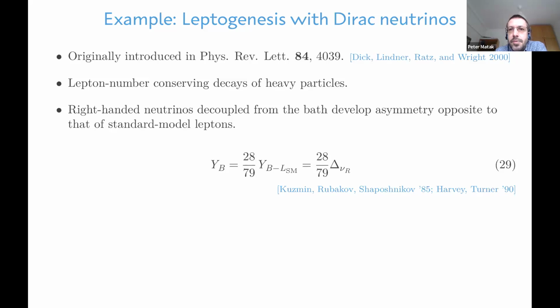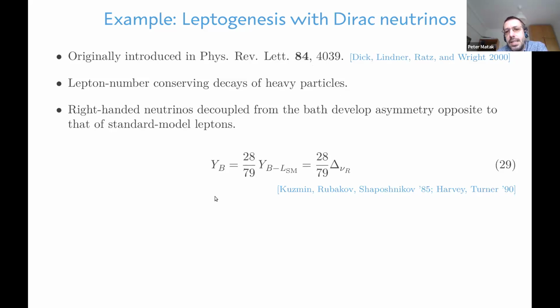And the idea of Dirac neutrinos used for leptogenesis was introduced in this paper more than 20 years ago. The idea is that we have a lepton number conserving theory, but right-handed neutrinos carrying lepton number will decouple. So the universe is lepton and baryon number symmetric, B minus L symmetric, but opposite asymmetry is stored in the right-handed neutrino sector, which is decoupled.